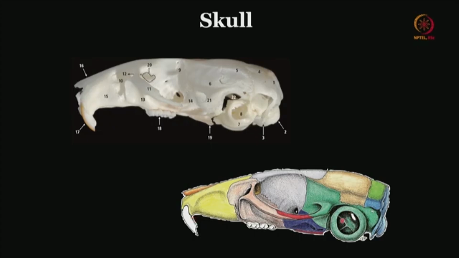Two bars will go through this to the ear, and this incisor here goes and sits on the incisor bar on the stereotactic apparatus. So, that is in brief about the rodent skull. We will come into the details of the various parts of the skull again in the surgery.